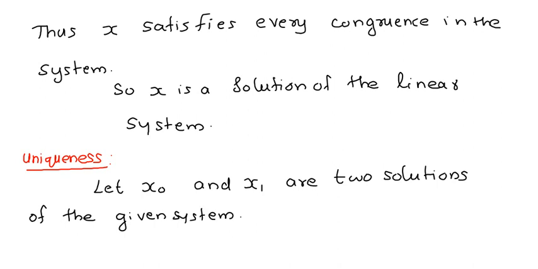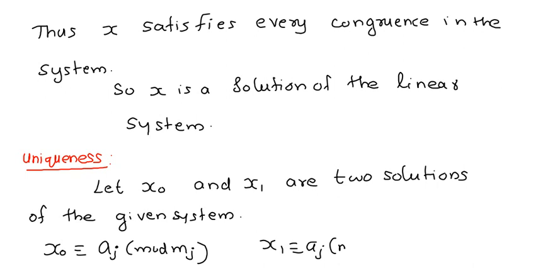Therefore, these values x0 and x1 satisfy every equation of the given system. That means x0 is congruent to aj mod mj, and x1 is also another solution, so x1 is congruent to aj mod mj for every j.